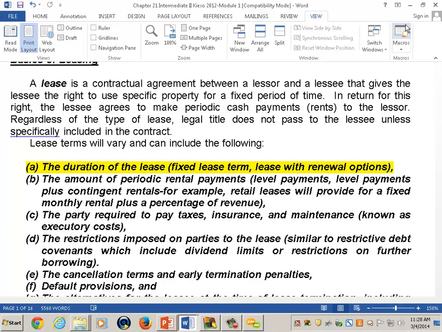So from our perspective, if there is a bargain renewal option, this is going to be an 8-year lease, because the assumption is that you will take the bargain renewal option.